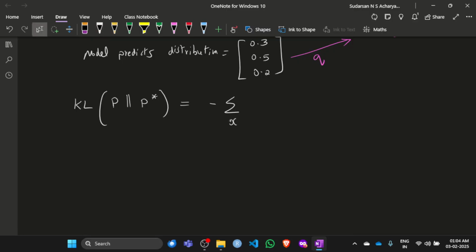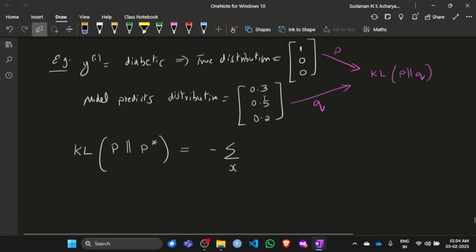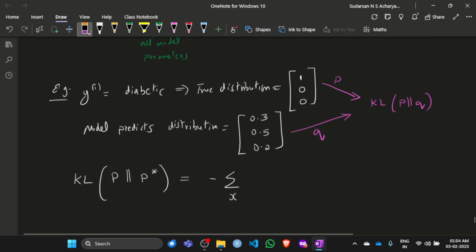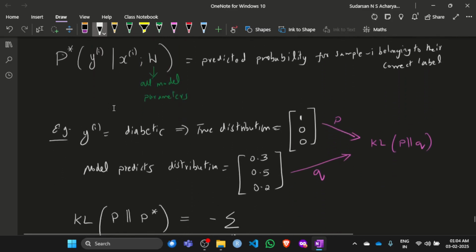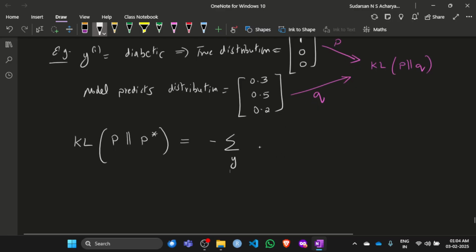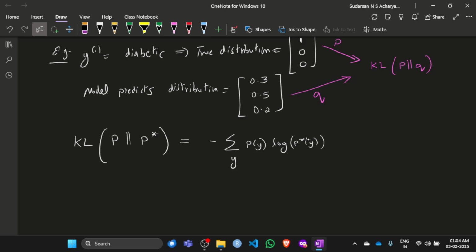So the sum over all possible values, now it's not over X, but over Y. Because Y corresponds to the labels, it's the sum over all possible values of Y, because P and P star are distributions for Y. The sum over all possible values of Y, I have P of Y log P star of Y, and then plus the sum over all possible values of Y, P of Y log P of Y.